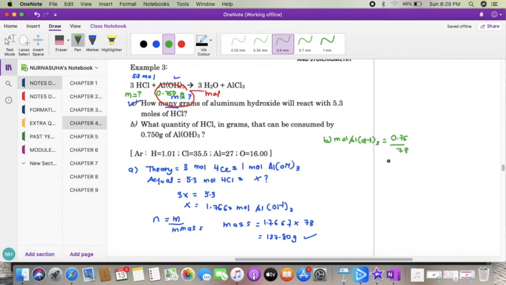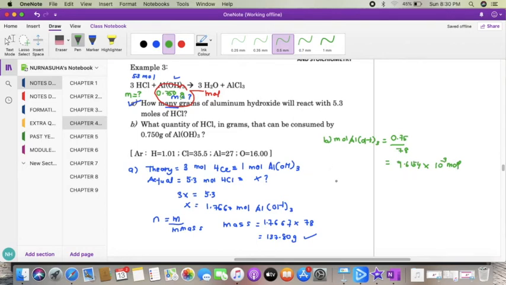You do on your own. So by using calculator, you should get 9.6154 exponent negative 3 mole. So this is the mole that you should get.